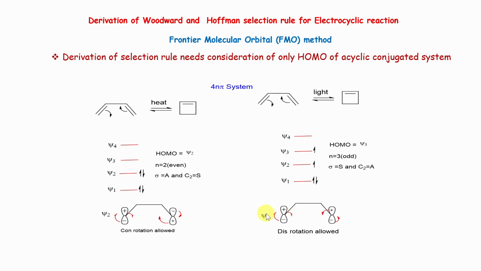This is done by disrotation, or rotation in opposite directions. Thereby, we can say in the presence of light, the photochemical interconversion of butadiene to cyclobutene takes place via disrotation. That is the frontier molecular orbital method.